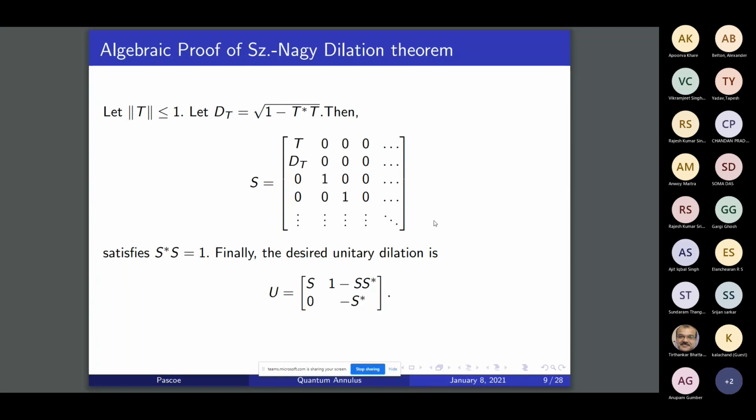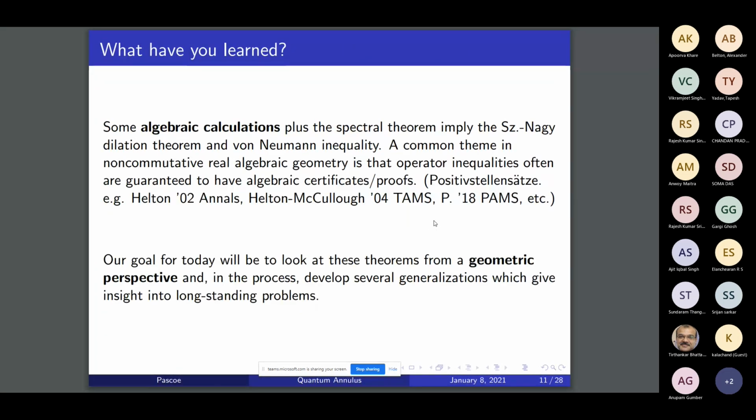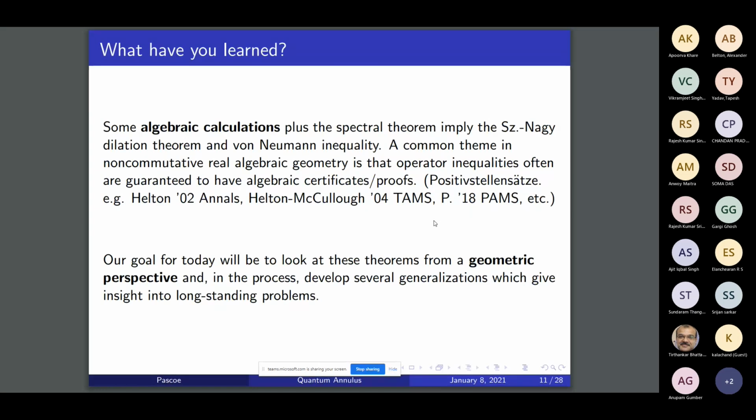Maybe it took a few years for people to figure this out anyway. But we want to have some way of cooking up dilation theorems and von Neumann inequality type statements without just having to write something down and have that be the thing that works, because it might be hard to come up with that.